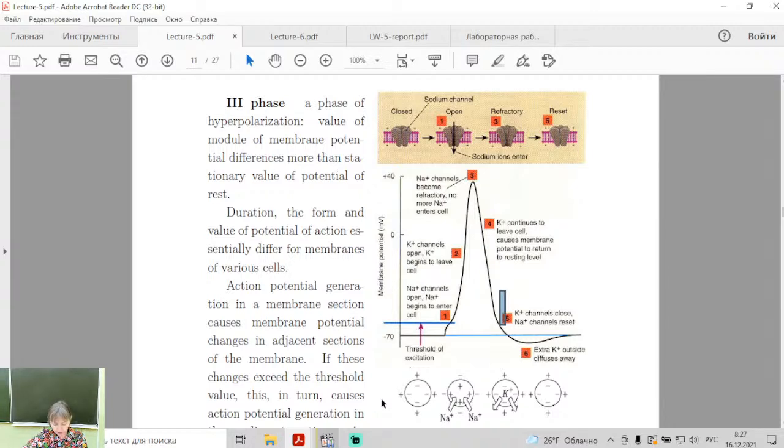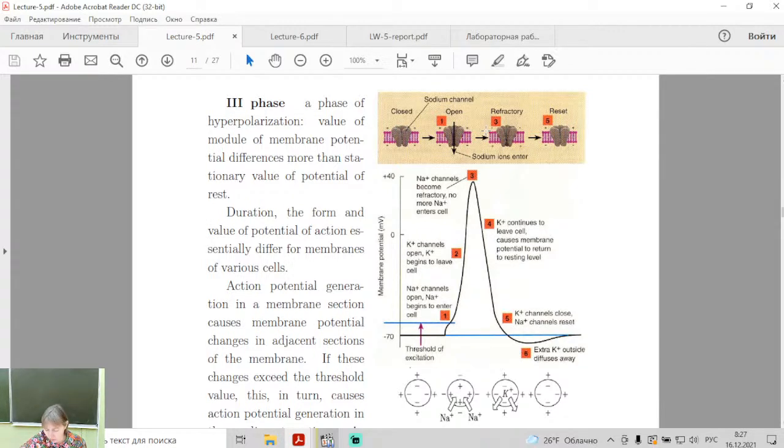Membrane repolarization occurs. We can see three phases in this picture: depolarization, repolarization, and hyperpolarization.